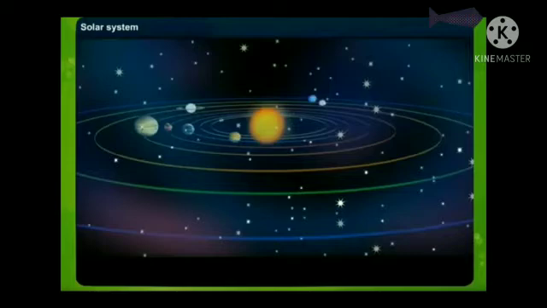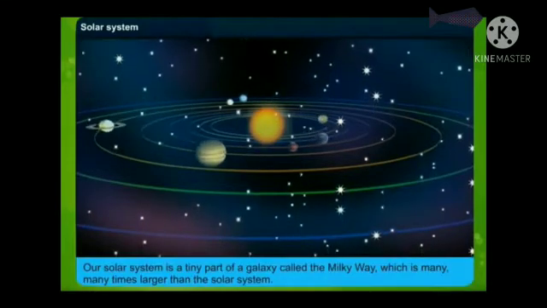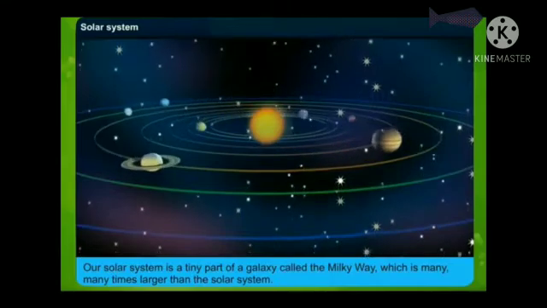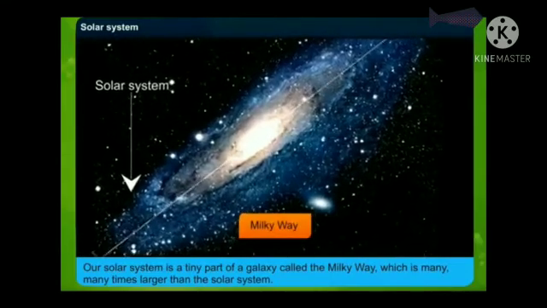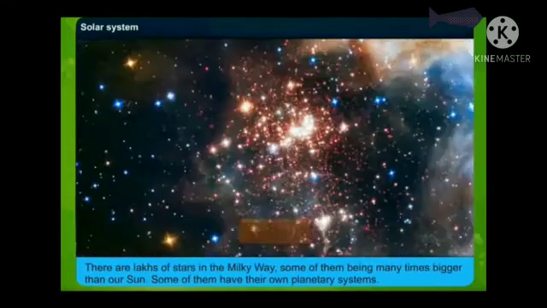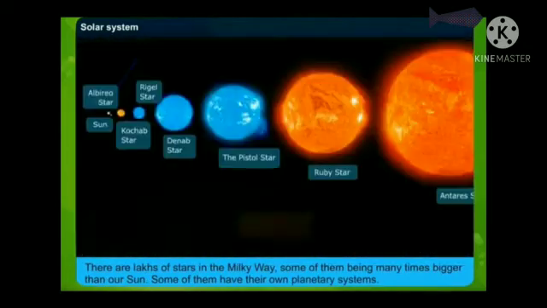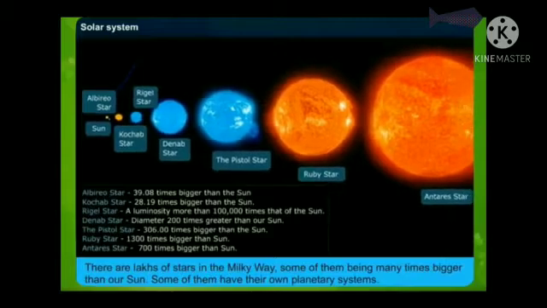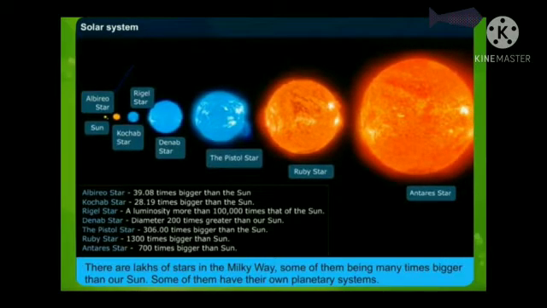Solar system. Do you know what a solar system is? Our solar system is a tiny part of a galaxy called the Milky Way, which is many times larger than the solar system. There are lakhs of stars in the Milky Way, some of them many times bigger than our sun.